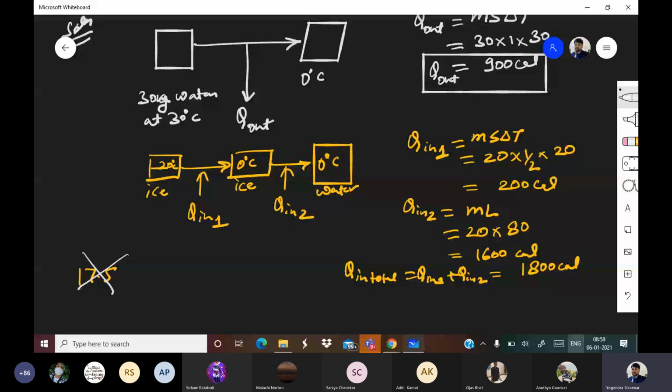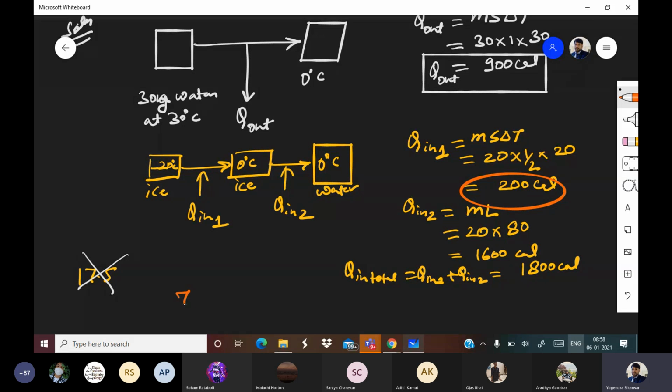Now out of that 900, this part is extremely important. Listen very carefully. Out of that 900, 200 is spent just to bring ice from -20 to 0. Okay, good. So how much is left now further?